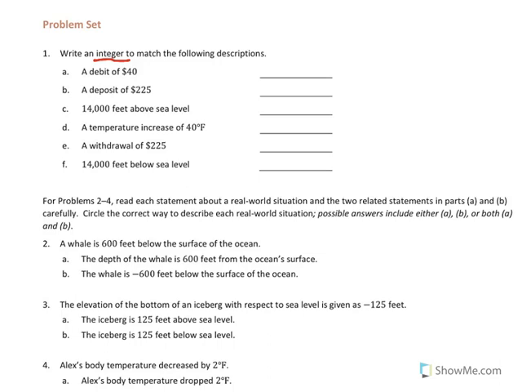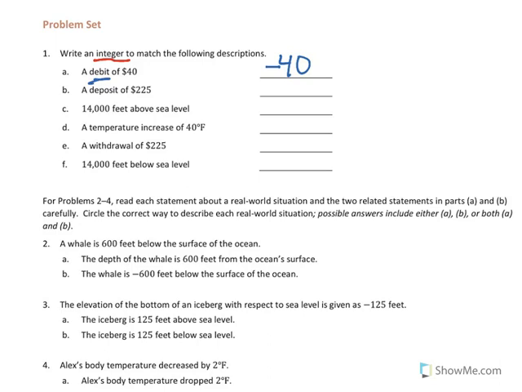Okay, so here we go. The first one says a debit of $40. Well, a debit of $40 would be positive 40. Okay? Oh, nope, it would not. It would be negative because it's a debit. Can't forget that. Okay.